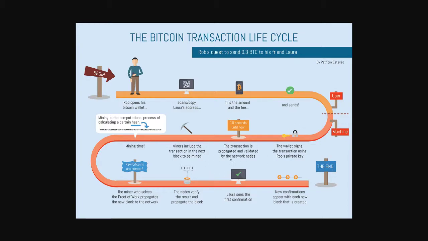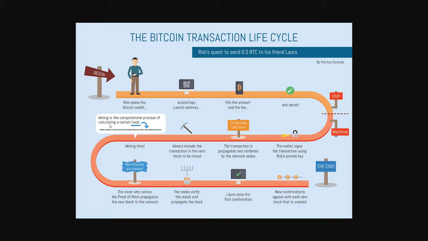The transaction is propagated and validated by the network nodes. Miners include the transaction in the next block to be mined. So now it's mining time. Mining is the computational process of calculating a certain hash, which is this sort of long number you'd see here.